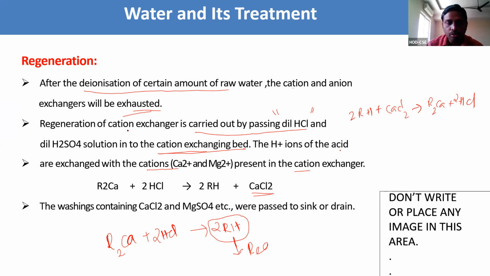Regeneration of the cation exchanger is carried out by passing the dilute HCl and H2SO4.